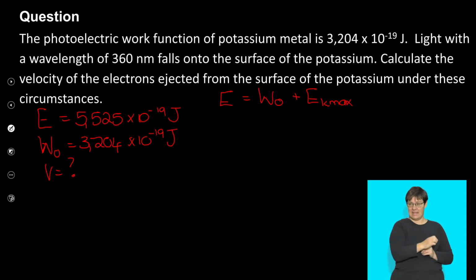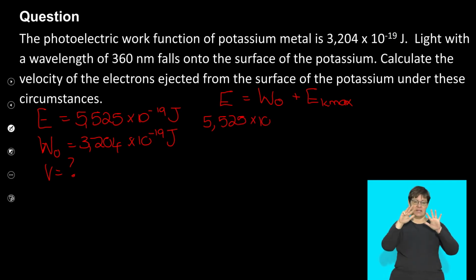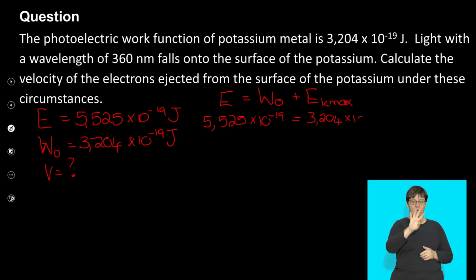We know E, 5.525 times 10 to the minus 19, and W0, 3.204 times 10 to the minus 19.